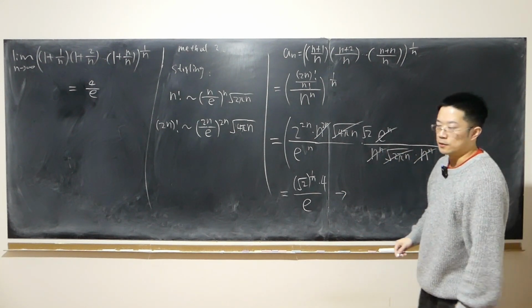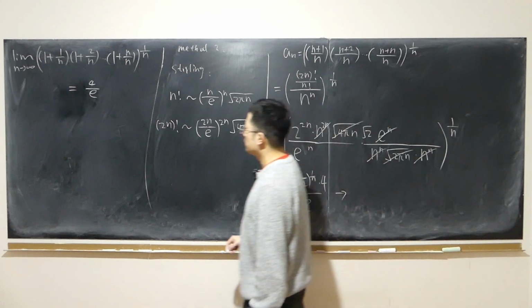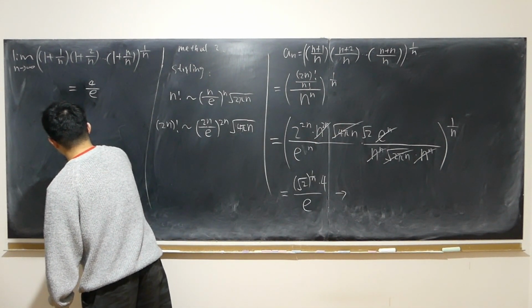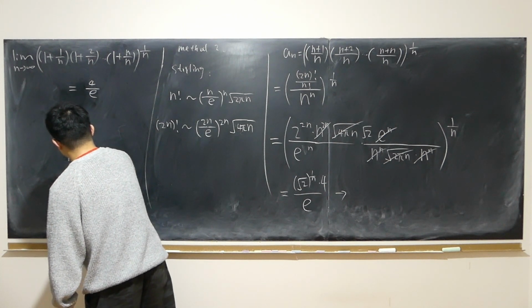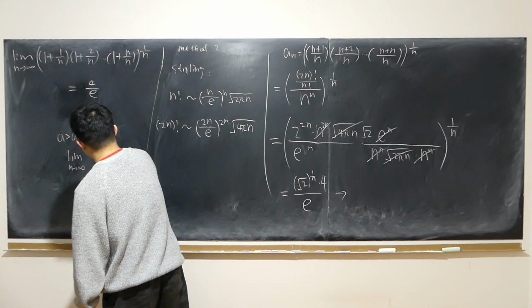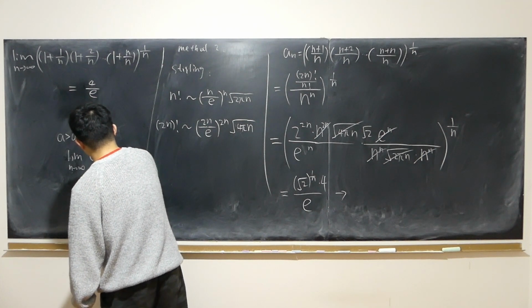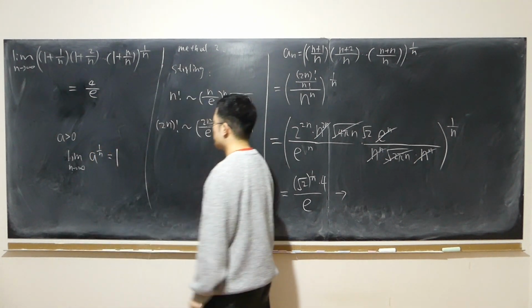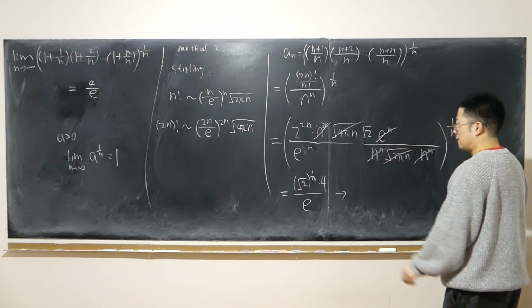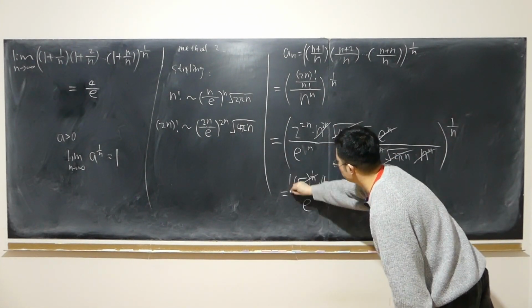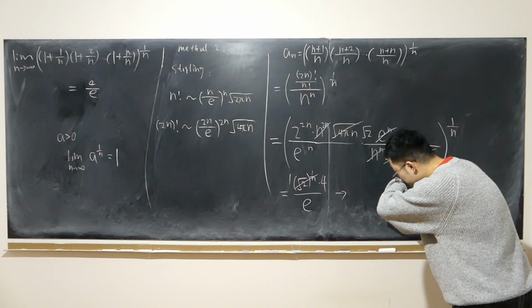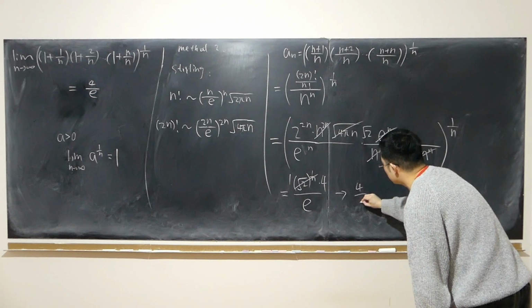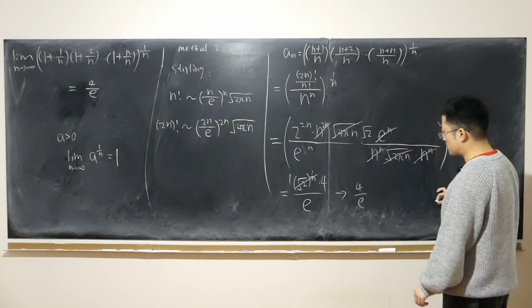We have the well-known limit: as long as a is bigger than 0, the limit as n approaches infinity of a to the power of 1 over n is always 1. So that's approaching 1, meaning it's approaching 4 over e. Same answer.